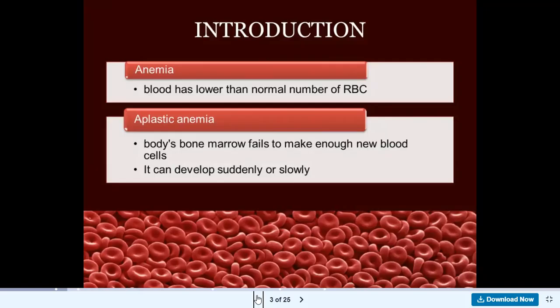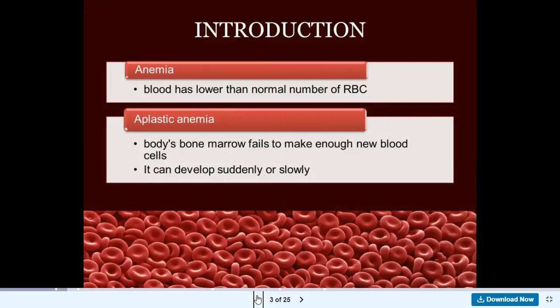And then also, we looked at the causes of aplastic anemia. We said it could be due to radiation therapy or chemotherapy in a patient with cancer. So we give radiotherapy to treat the cancer, but the radiation could destroy the bone marrow cells, or the drugs that the cancer patient is taking could destroy the bone marrow also.